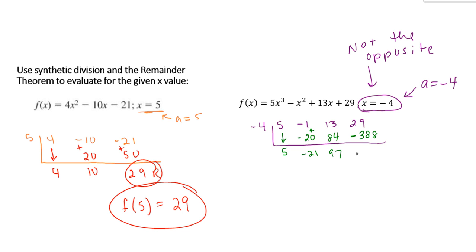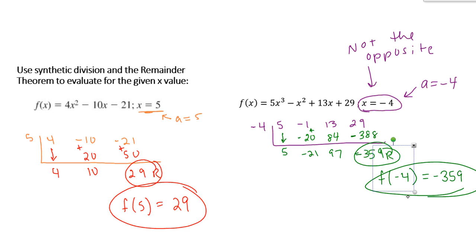Okay, adding that would be negative 359. Okay, this right here, negative 359. That means that's the remainder, which means f of negative 4, it's not the opposite, is negative 359.